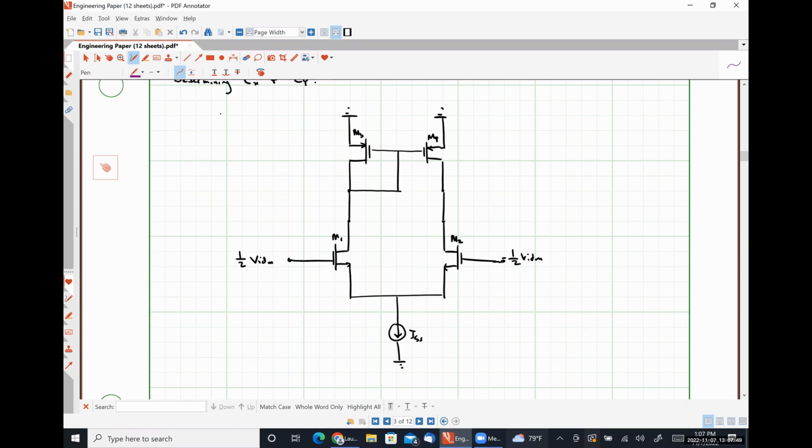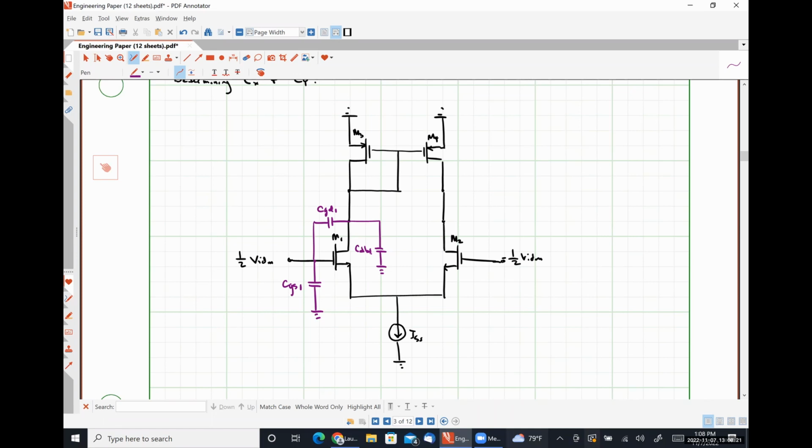So let's start with transistor M1. We're going to have some gate source capacitance, CGS1. We are going to have a gate drain capacitance, CGD1. We are going to have a drain body capacitance, CDB1, like so.